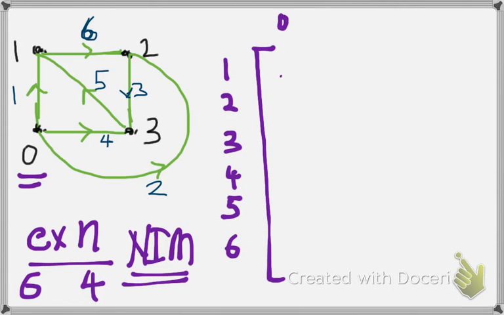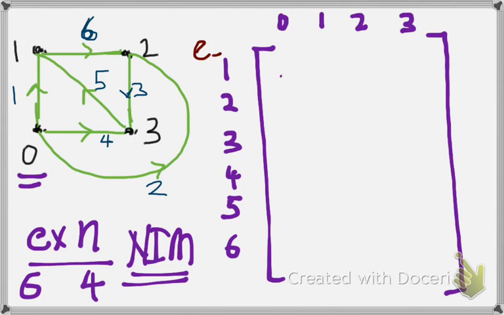So I have 0, 1, 2 and 3. Now we are going to fill up the node incidence matrix. Simple thing. These are the elements and those are the nodes.